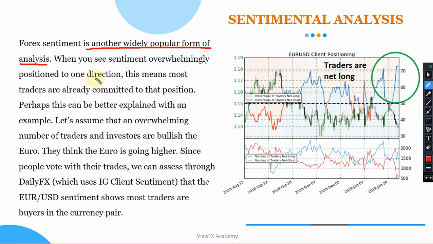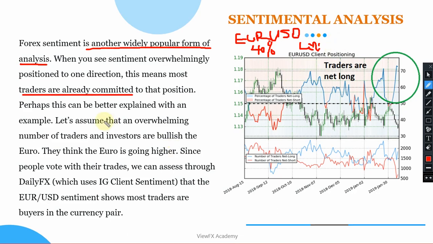So when you try to see what other traders are doing, the currency pair they are trading, for example, you want to trade euro USD, then you log into a site that tracks the activity of most traders and see how many percent of those traders are long and how many percentage of those traders are shorting that pair. There you will make your choice on which one to go with.